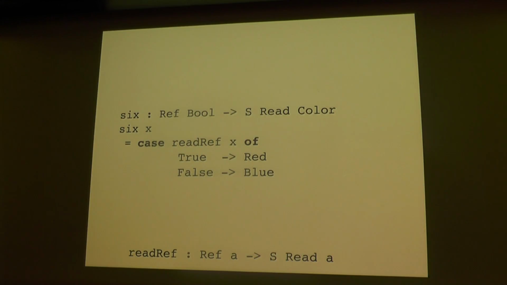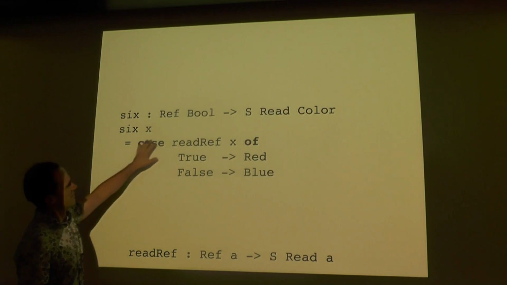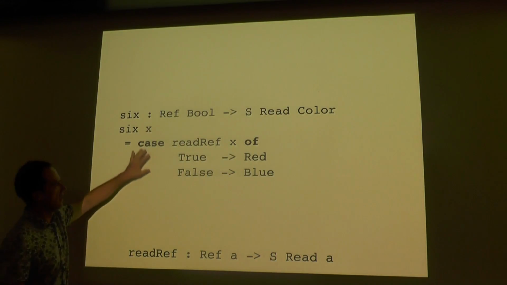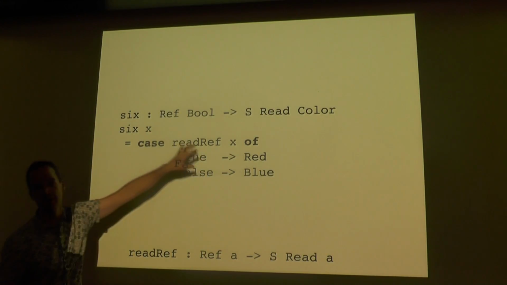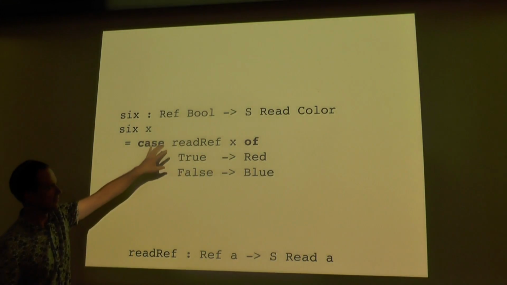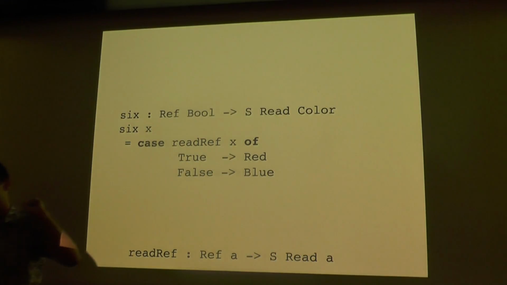So if you have a look at the other one, say if I take the box away, and we just write that, well, the type of this whole expression is color, and the effect is to read from the reference.